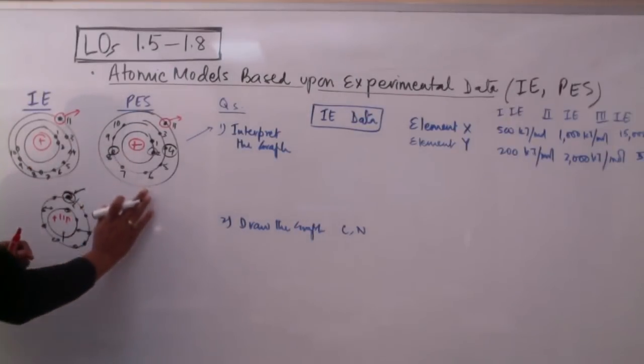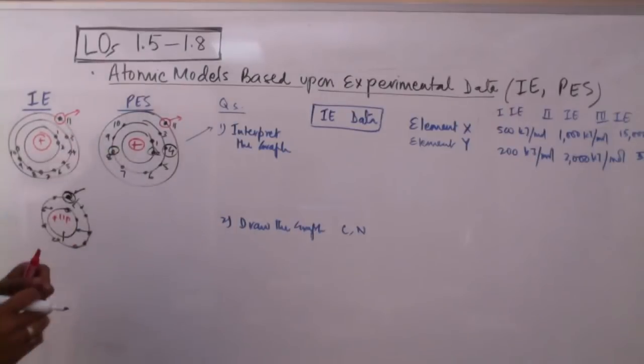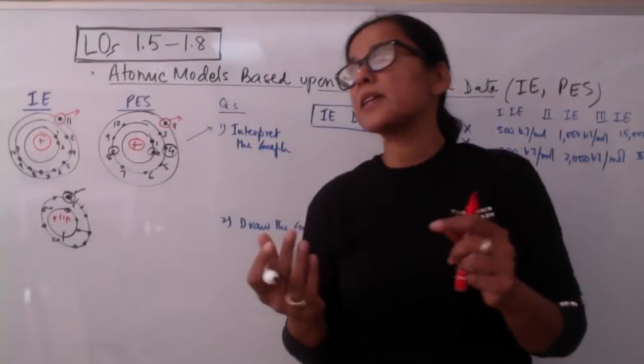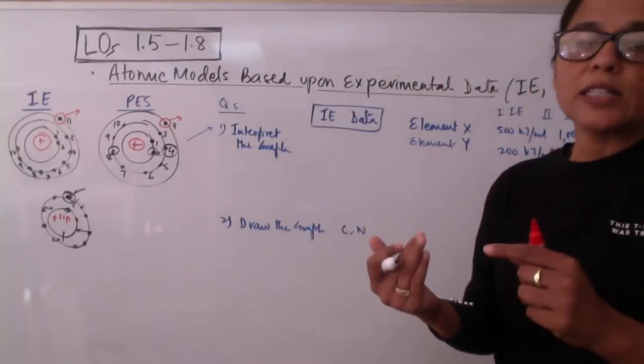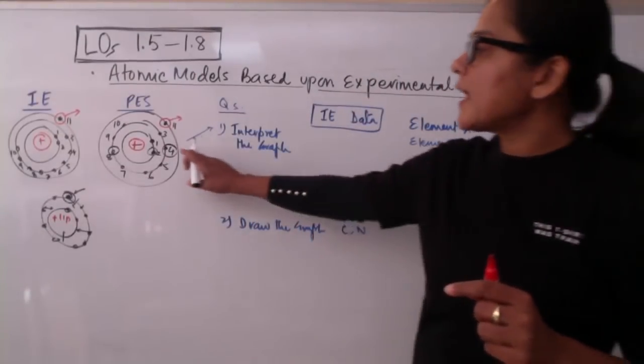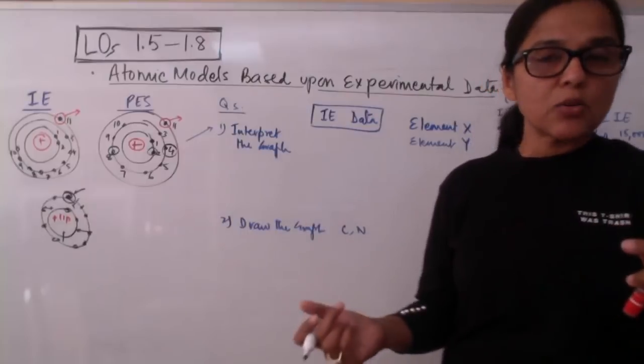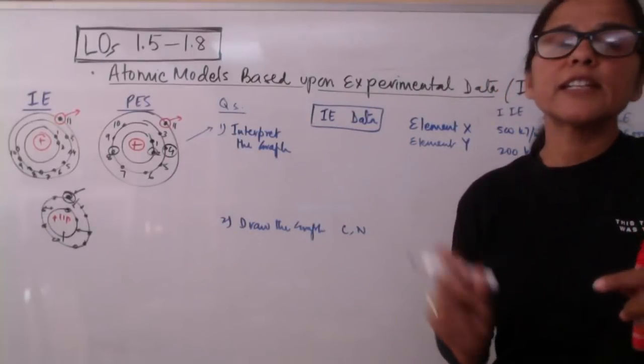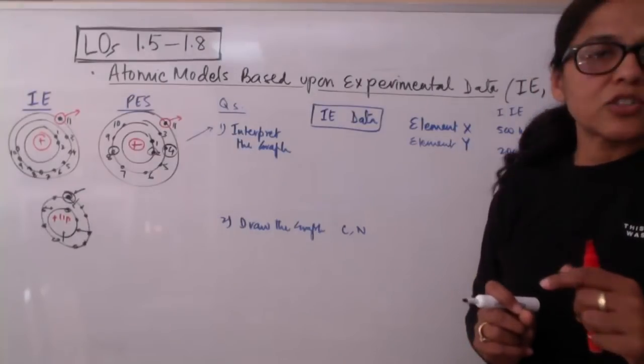So that is binding energy. And we measure it by hitting a sample of that substance with photons, and we measure the kinetic energy that the electron comes out with, and whatever was lost is calculated as the binding energy of that electron.